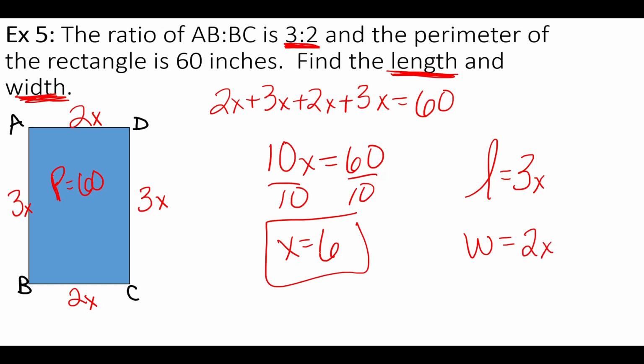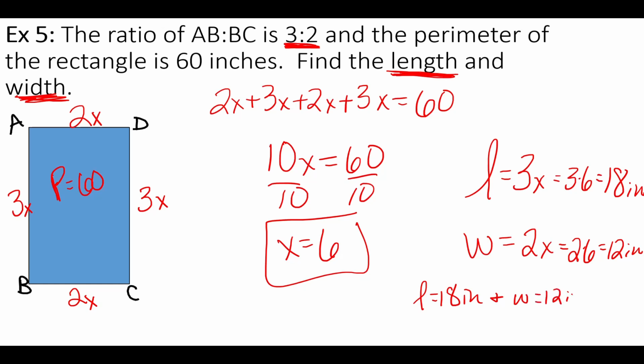Now that we know that scale factor is 6, we can take 3 times 6 to get the true length, which would be 18 inches, and we can take that scale factor times 2 to get the width. 2 times 6 would be 12 inches. So our final answer is length is 18 inches and width is 12 inches.